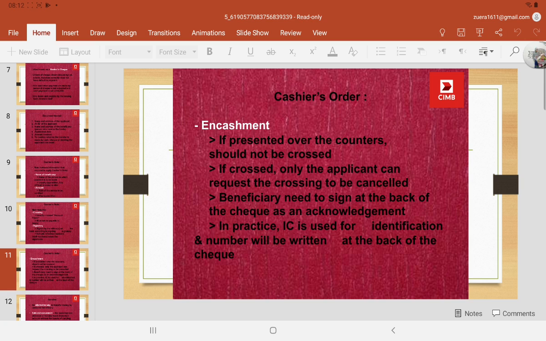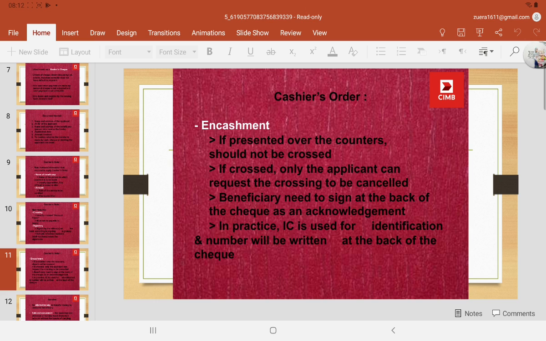Other than that, there is the encashment, where the cash order must be presented over the counter. If you want to make an encashment, it should not be crossed. If you want to cross the cash order, only the applicant can request the crossing to be cancelled.